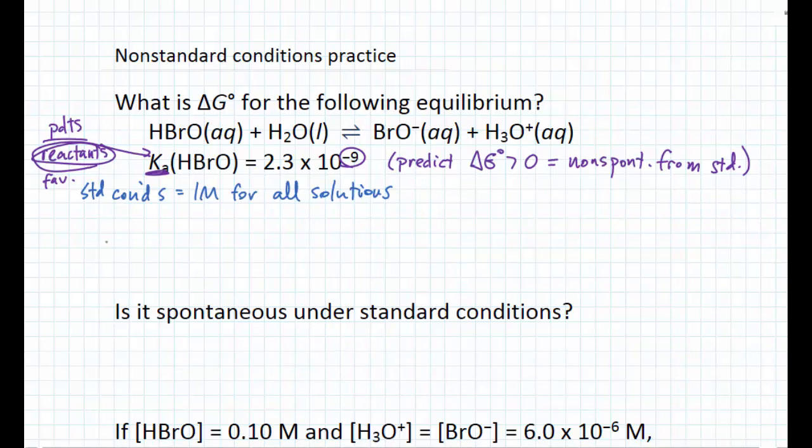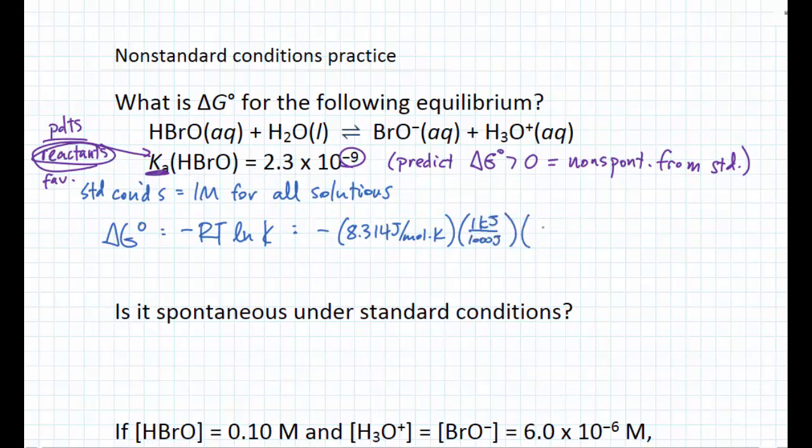Okay? So we can calculate delta G, though, if we know K. Delta G standard equals minus RT natural log of K. So, 8.314, 1 kilojoules, 1,000 joules. If you're not told, use 298.